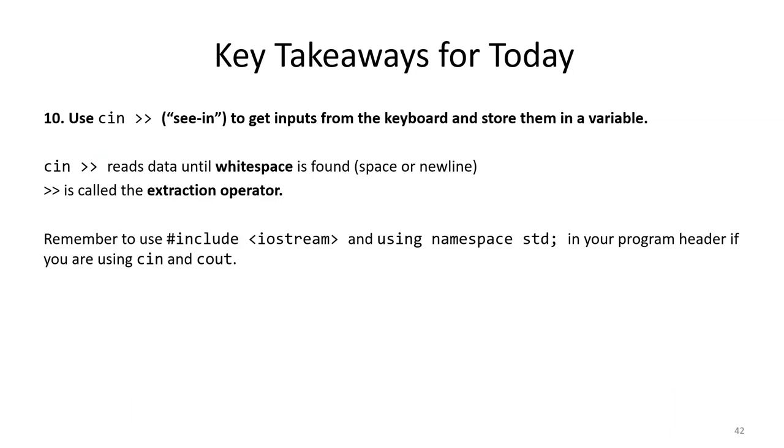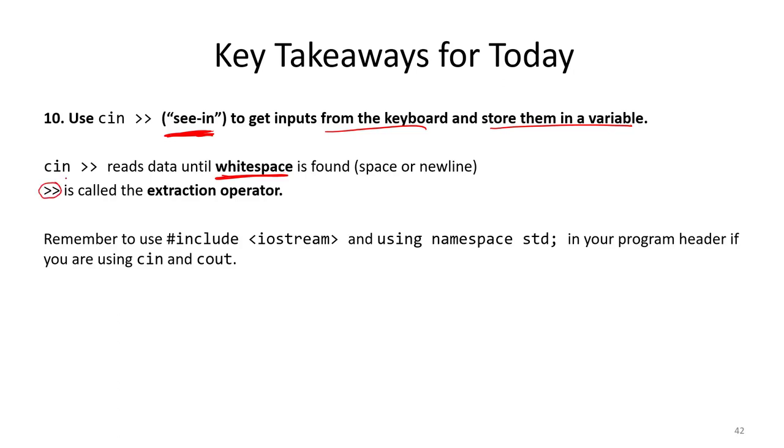Next key takeaway, number 10. We want to use cin. Notice it's pronounced cin, not sin. We use cin to get inputs from the keyboard and store them in a variable. Here's the thing about cin. Cin will read data until a white space is found.